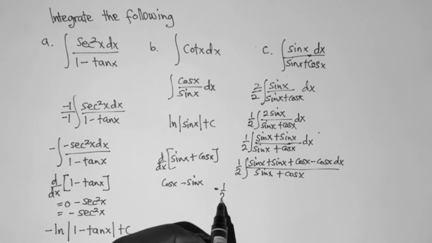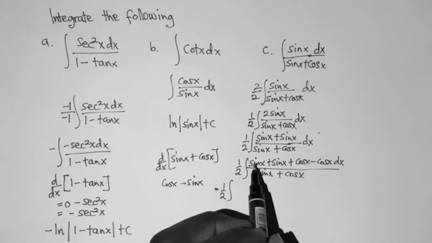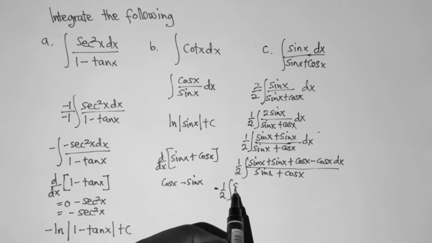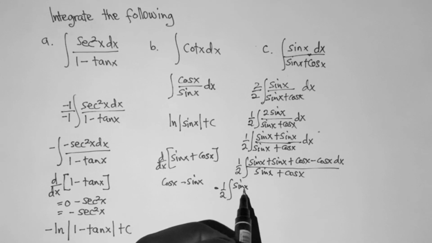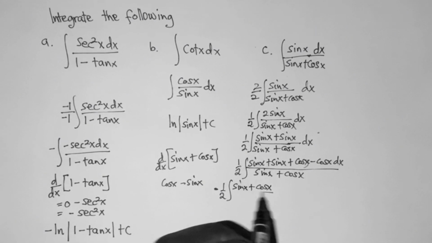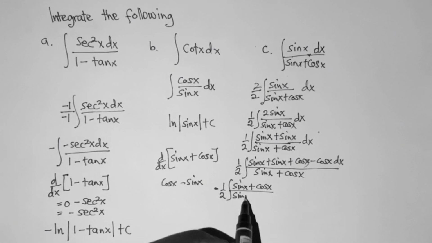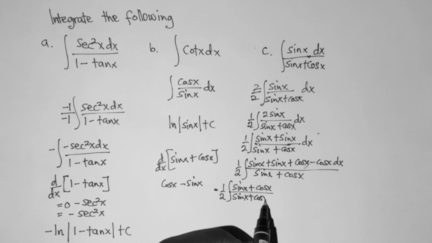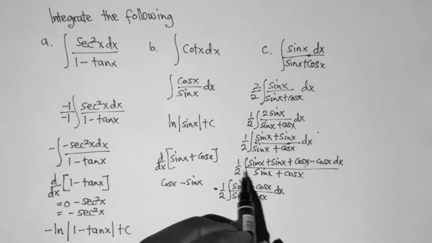Using this, we can break this integral into 2. This is equal to half of integral of sine x plus cos x divided by sine x plus cos x dx. So this is one part.